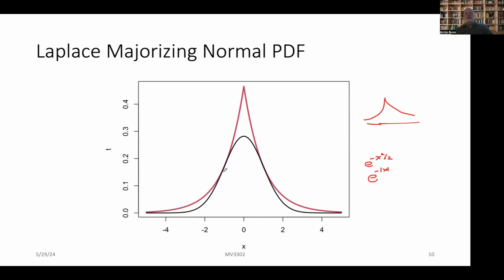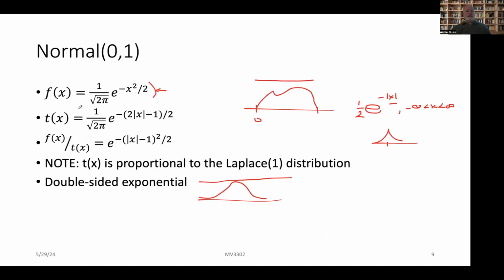You figure out exactly where that tangent point is, and then you can prove that at that point, this function, which is only proportional to the Laplace distribution, actually does majorize it because of the way the functional forms work. And so it turns out the majorizing function for that is this guy right here.